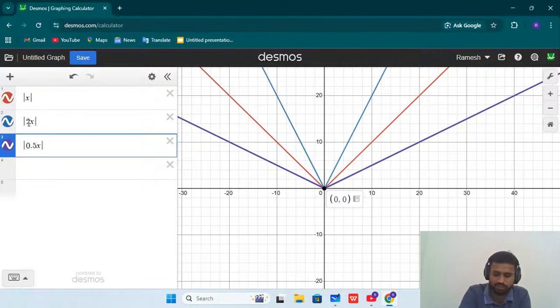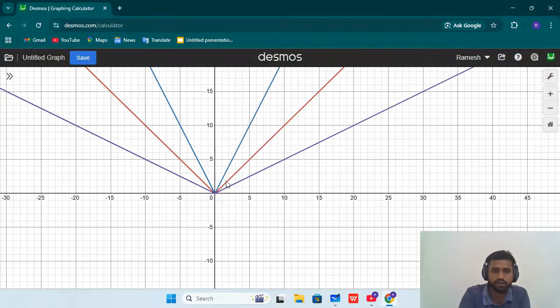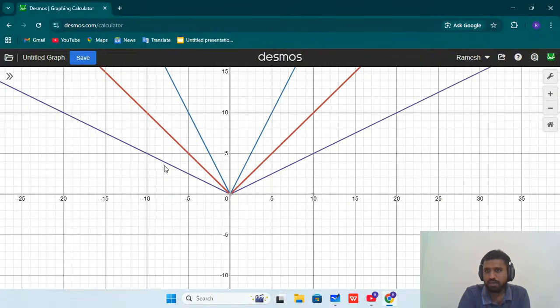If you multiply with a constant value, it is becoming narrow, and if we multiply with a value which is less than 1, it is becoming wide. So these are the graphical transformations. I hope with these graphs it is very clear how this graphical transformation is performing.